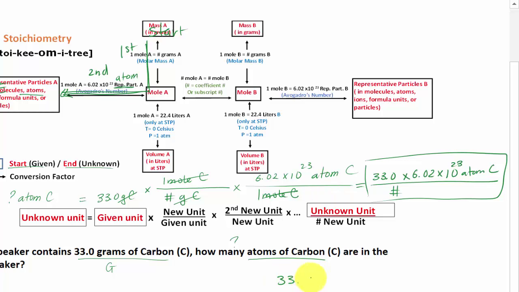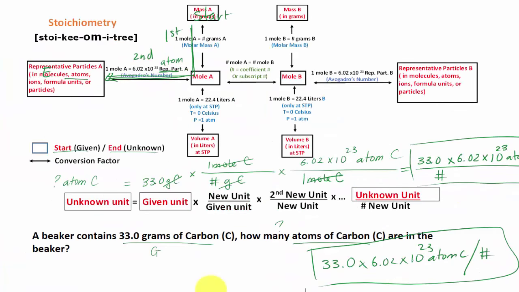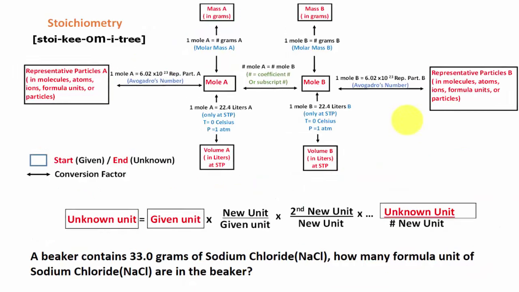So we have 33.0 times 6.02 times 10 to the 23rd atoms of carbon divided by number. And this is what it looks like if you type it on the Chromebook. So now do you see how beautiful it is when we have this stoichiometry flowchart? It is no longer a puzzle at all, but we know where to start and where to end, what conversion factor to use first, what conversion factor to use next.